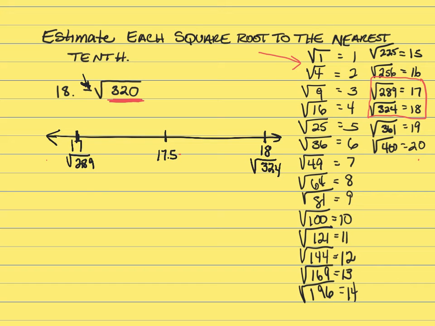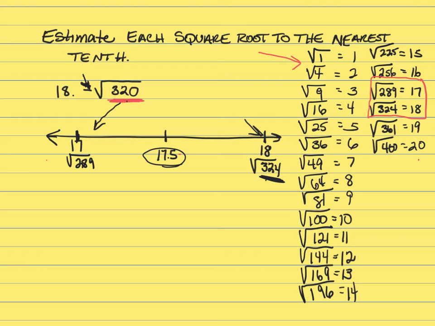So now we want to see, is 320 closer to 17, or is it closer to 18? 17.5 is right in the middle. So 320 is 4 less than 324. So that says that it's going to fall somewhere close to 324.